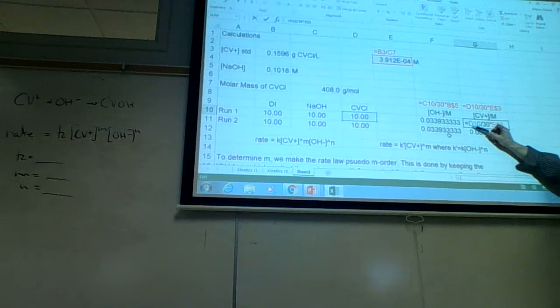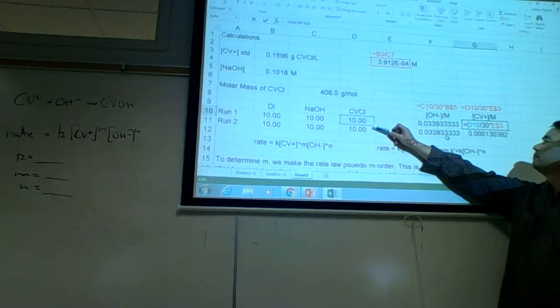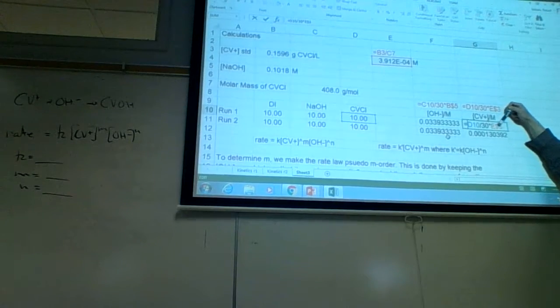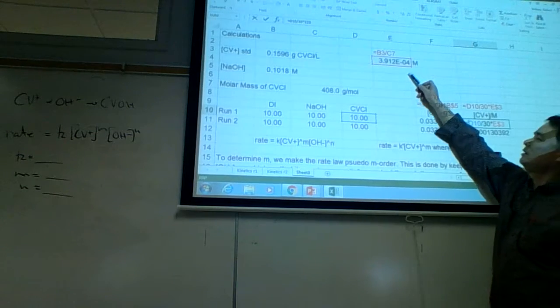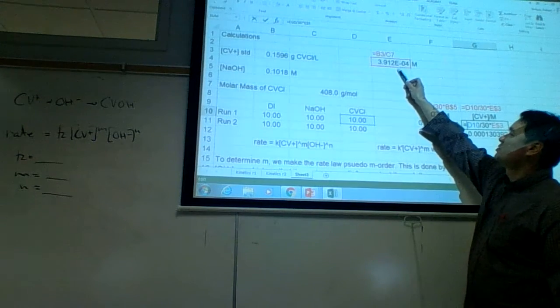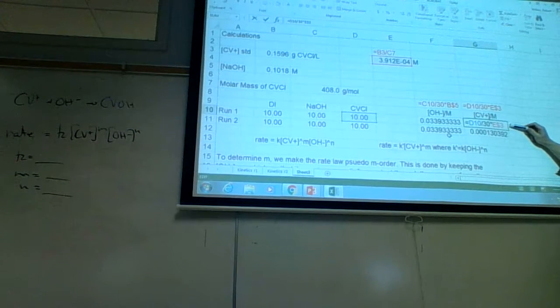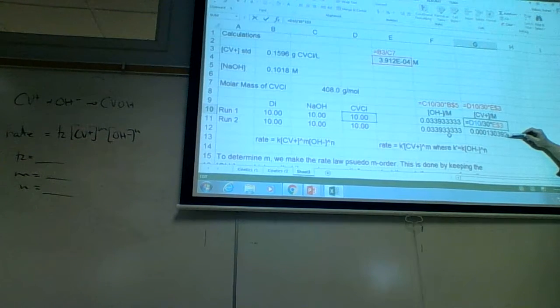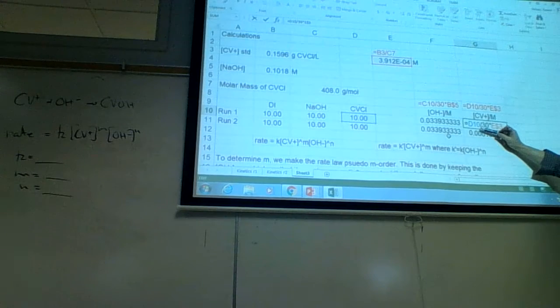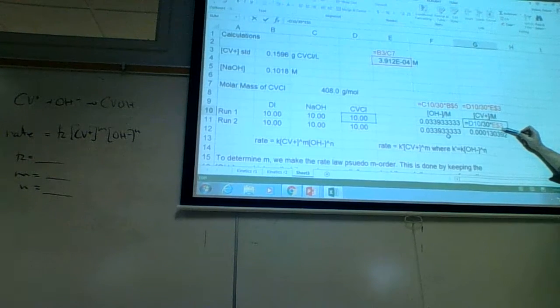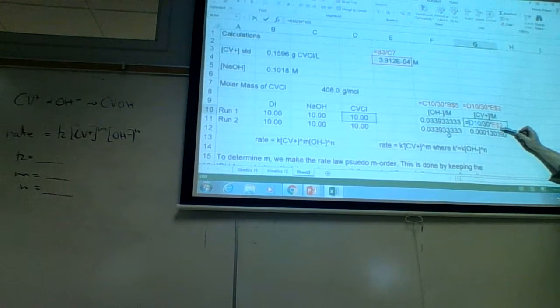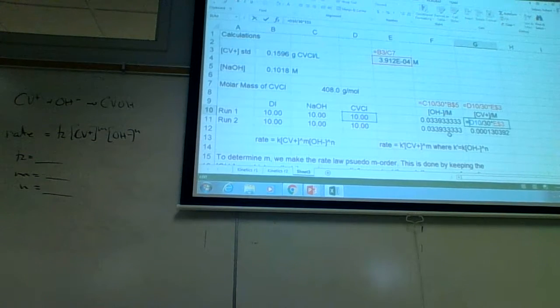This is D10, over 30 dilution of E3. E3 is the original concentration, and this would be the diluted solution concentration. Now, if I copy and paste this down here, D10 will go to D11, and E3 should go to E4, but since we fixed the 3, it'll stay 3.